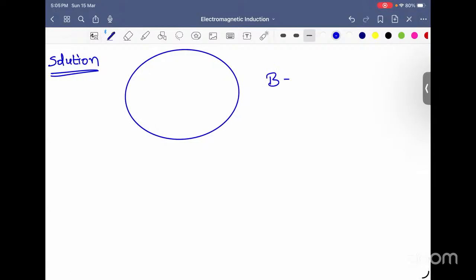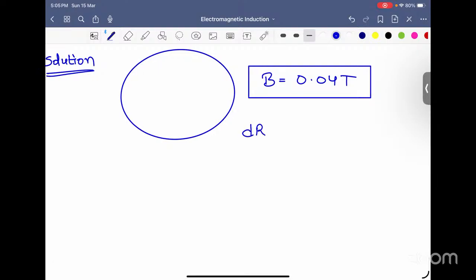The field given to us is B equals 0.04 T, with its plane perpendicular to the magnetic field. The radius of the loop starts shrinking. So basically we have dr by dt. Suppose this is a loop and this is the radius of the loop. With time, the radius can expand or shrink.